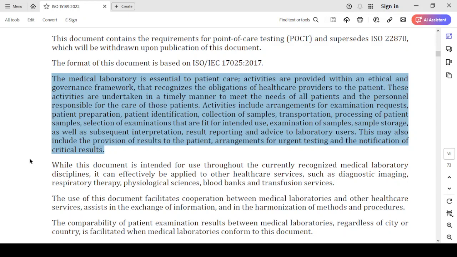Okay, and this framework has to address everything from personnel to how the request is made, how the patient is prepared, how the patient is identified, how samples are collected, transported, processed, examined, quality control, stored, results are interpreted, results are released.